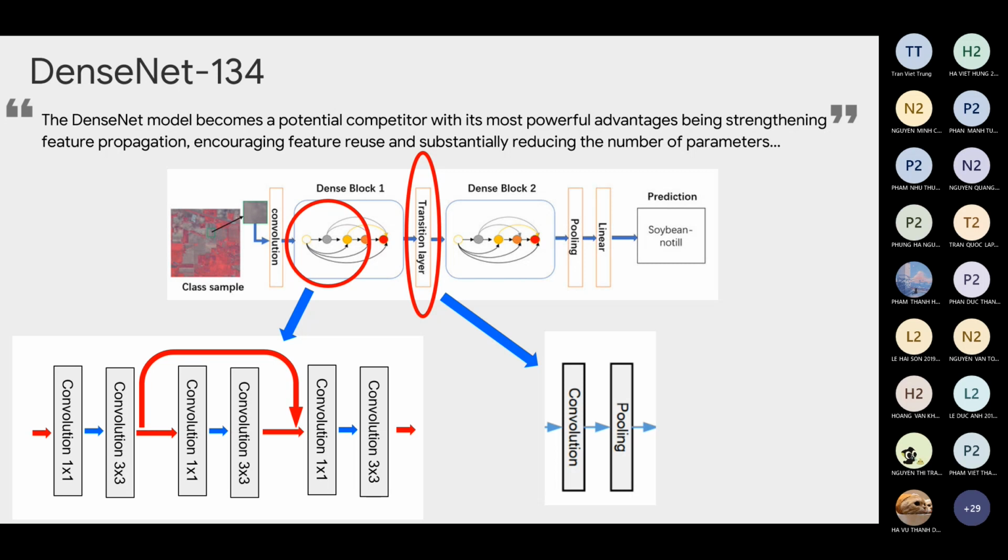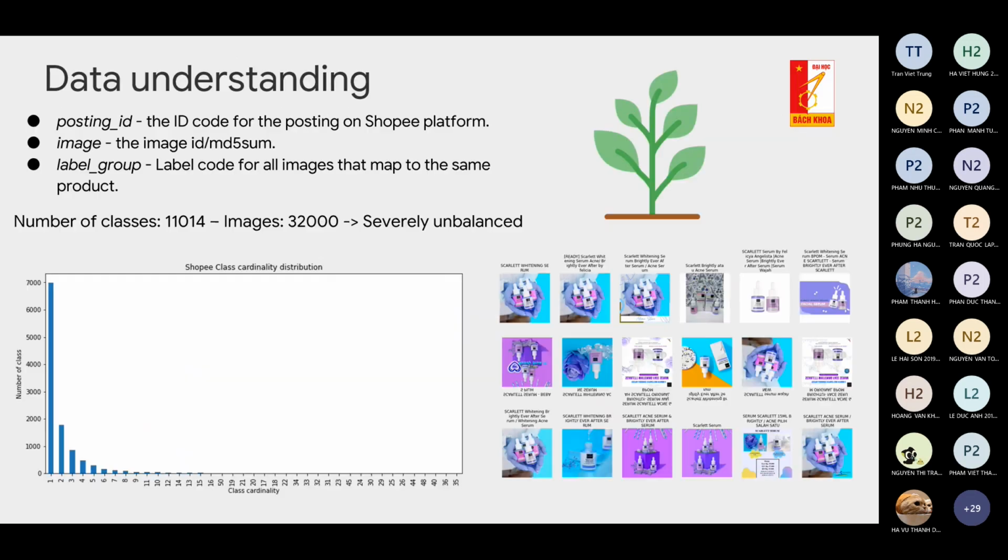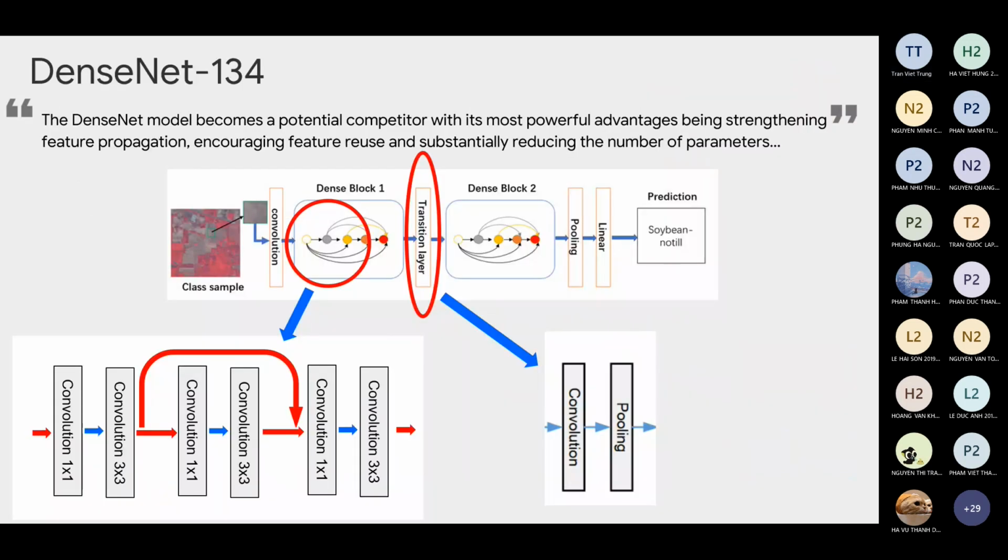Because our training data has a lot of groups that only have one training image, we need to optimize the performance with only one image to train on, so we think DenseNet could perform well.